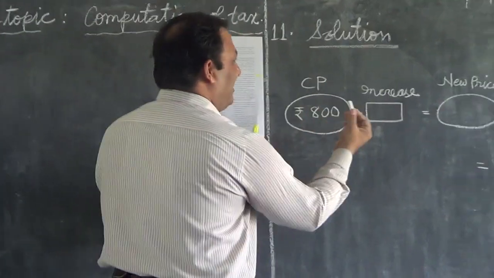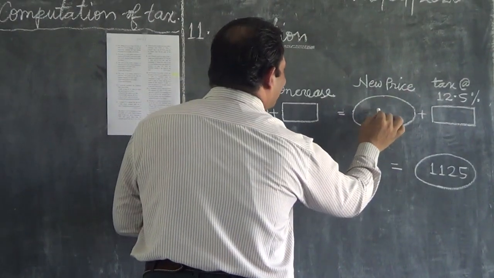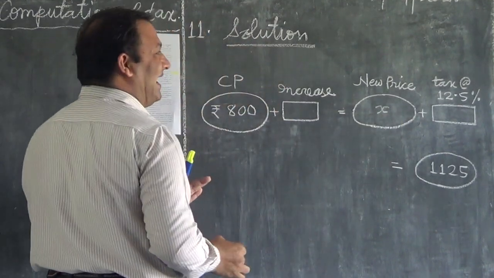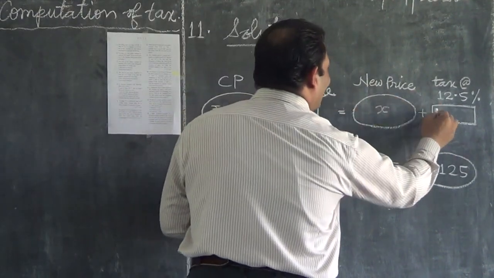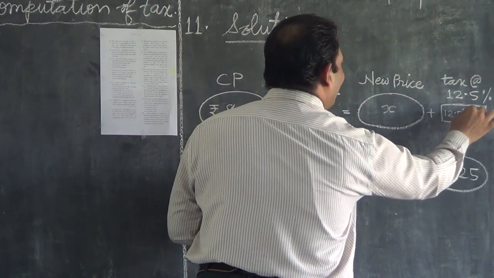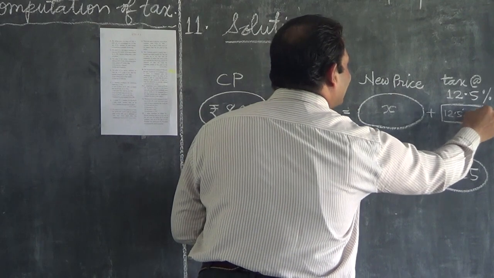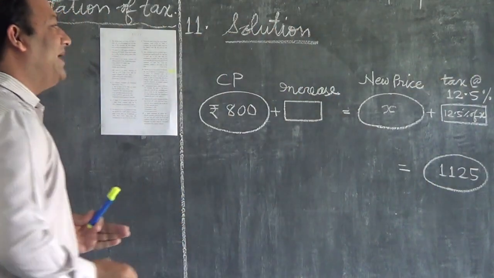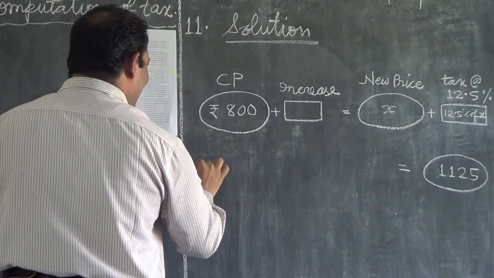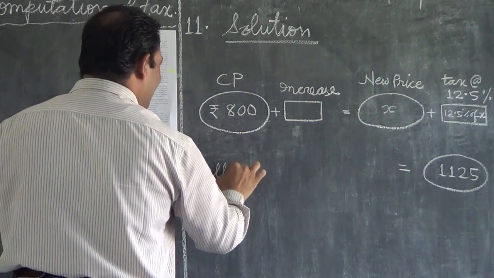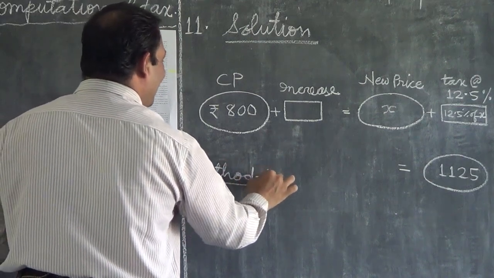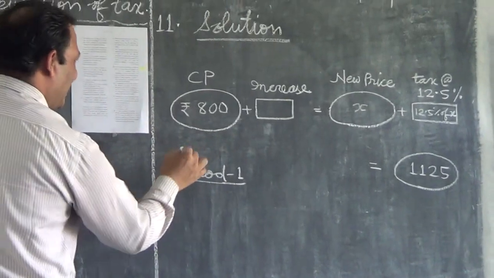This part I will ignore, and I will say suppose the new price is x, and the tax will become 12.5% of x. I am doing method 1; whichever is convenient or easy for you, you can follow that.